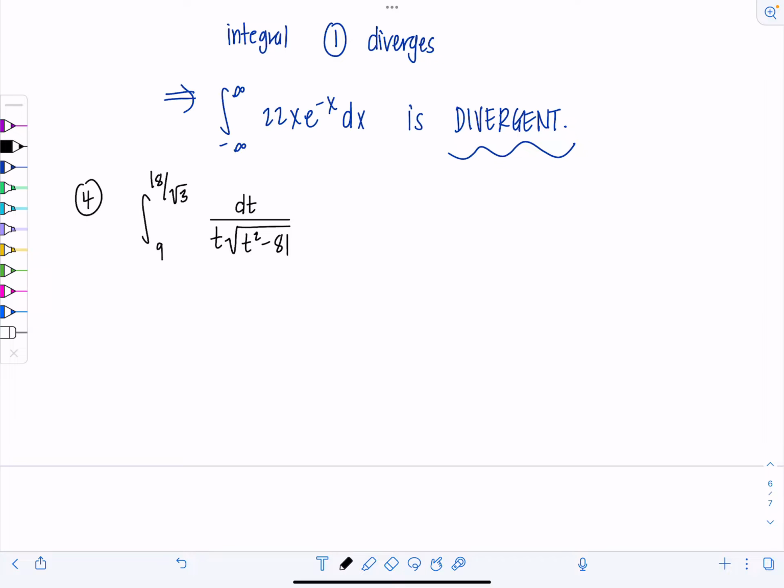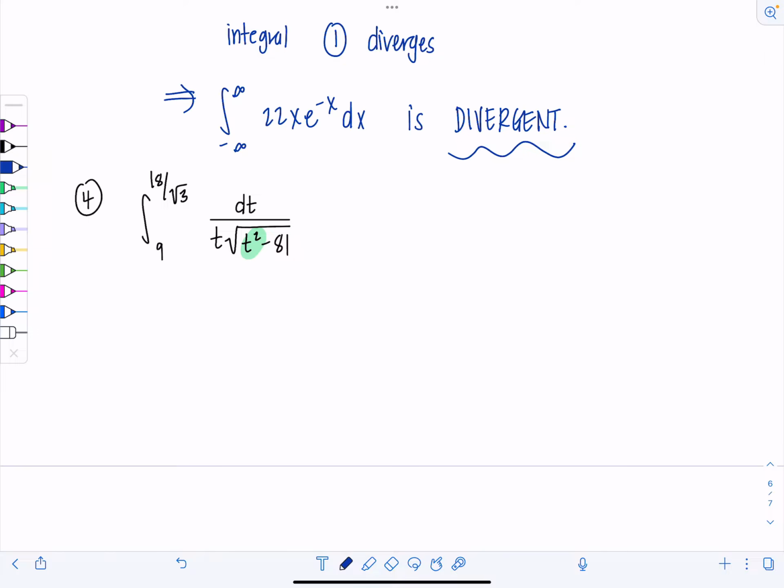And you might be thinking to yourself, I don't see any infinities for the limits of integration. I don't see anything weird. Why is this improper? Well, notice we have a domain restriction. If t is equal to 9, then the denominator would be 0. So that would make the function undefined, and that qualifies as an improper integral.